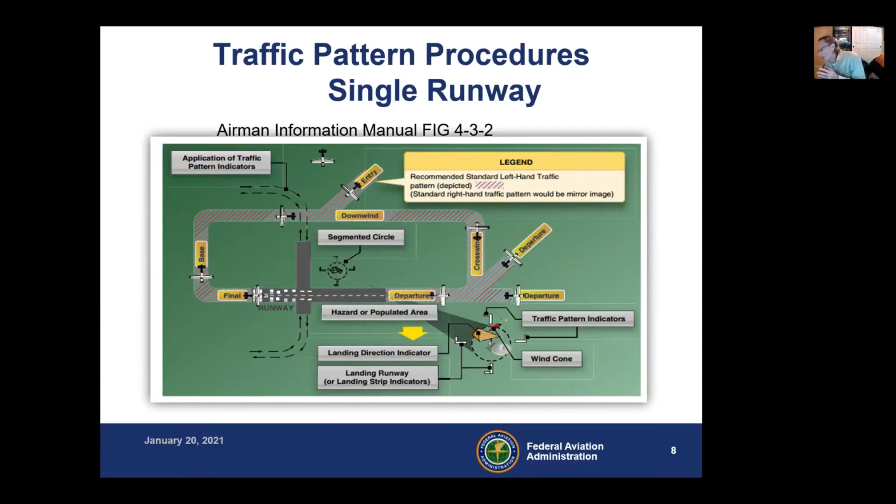Are there other ways to determine if the traffic pattern is to the right? And it's not just looking here at the landing runway indicators, but there are other means that a pilot can determine whether that traffic is right or not.